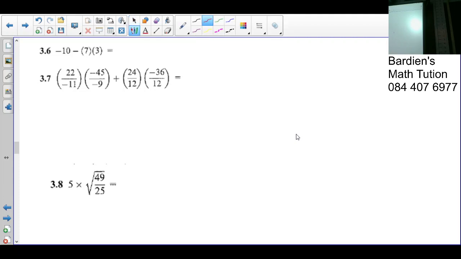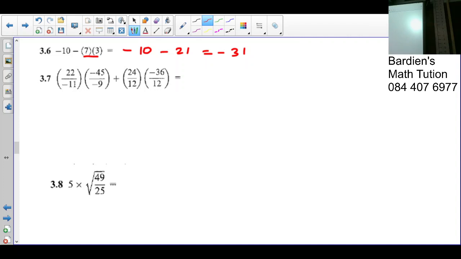What's going to be done here? Do the multiplication first. So it's negative 10 minus 7 times 3, 21. Minus 10 minus 21 is negative 30. Remember, when the signs are the same, I add them. Not so?